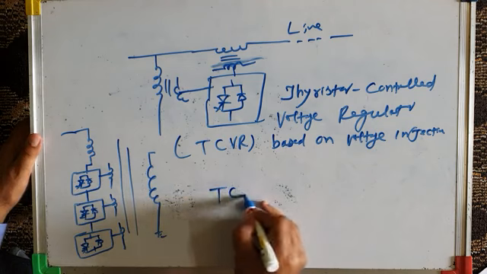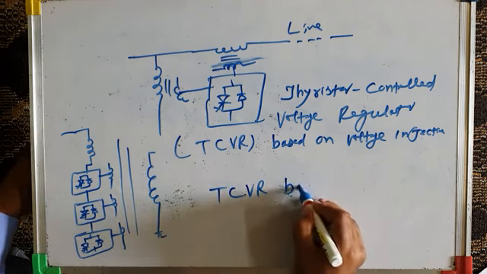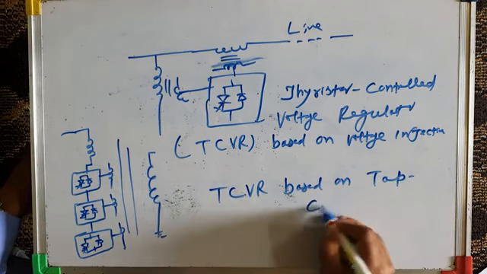This is the schematic diagram of thyristor controlled voltage regulator based on transformer tap changing.